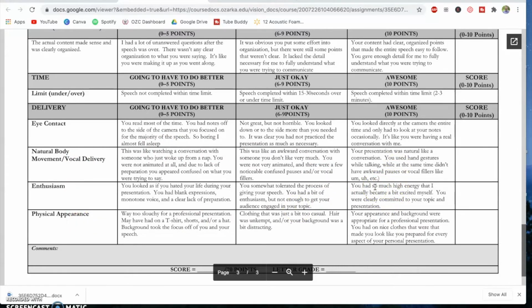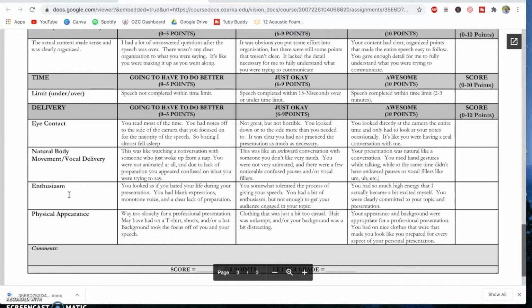Now, I will tell you all, in the past, I've had students really mess this speech up because they'll tell an awesome story, but they'll have no enthusiasm whatsoever. I know from watching the introduction discussion board, some of you have told me that you're in sports, and some of you have told me that your teams have been to the finals or won a championship before.